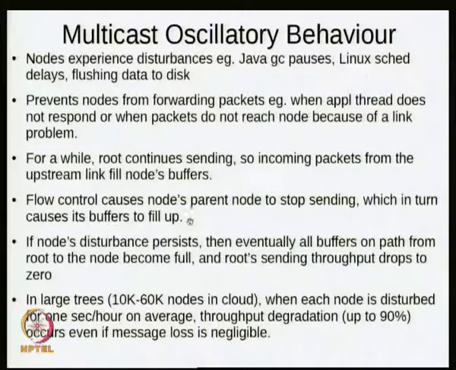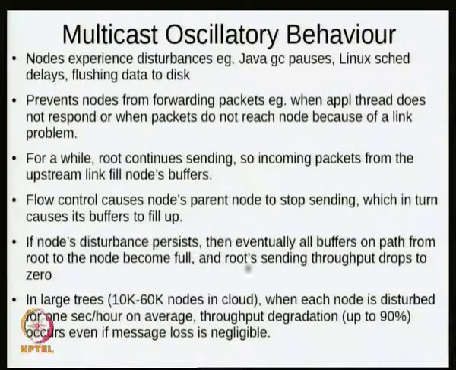Because of this, the previous guy, the upstream guy, also faces the same situation. Now he is not able to send out things, but he is getting stuff from his parent also. So finally, in the whole of this network, the disturbance at one level travels all the way to the top.